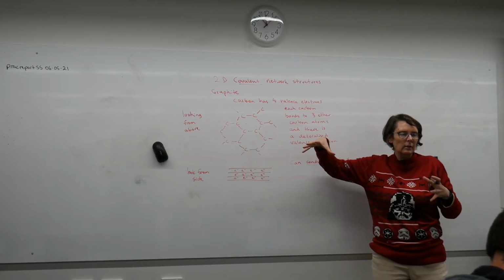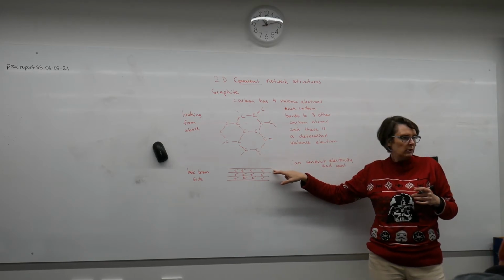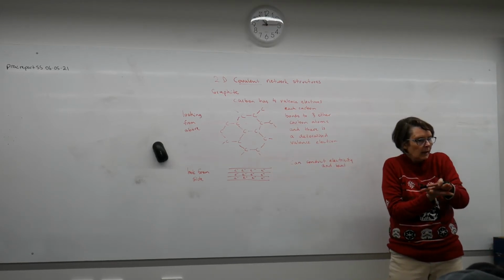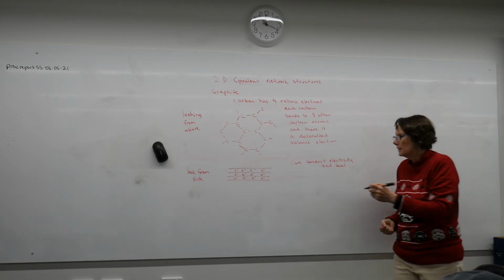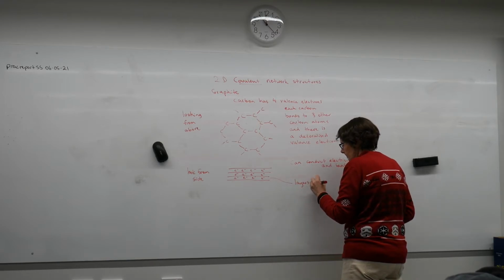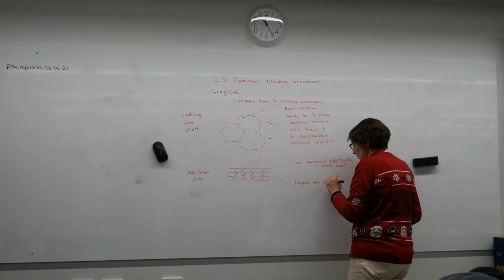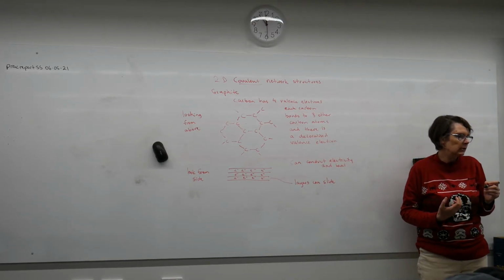Within the hexagonal bonds, these are strong bonds. But these are only weak forces of attraction, and so that allows the layers to slide across each other. Okay, so the layers slide. And this is why graphite can be used as a lubricant.